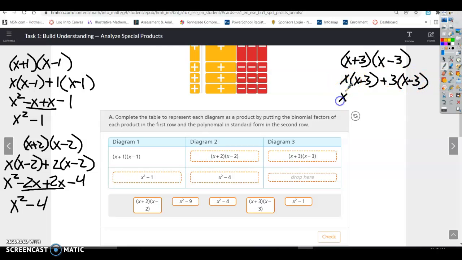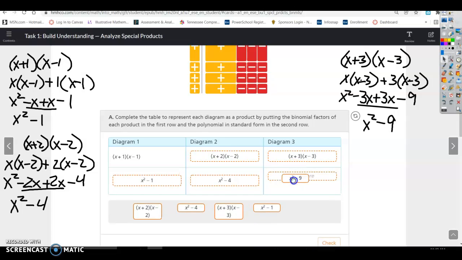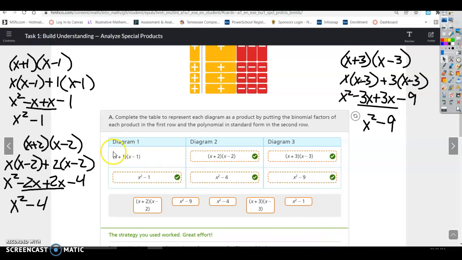We get x squared minus 3x plus 3x minus 9. Again, you can see we've got x squared minus 9, because the middle terms, plus 3x and minus 3x, cancel. All of those work the same way. Minus x and plus x, negative 2x and plus 2x, minus 3x and plus 3x, they all cancel the middle terms.